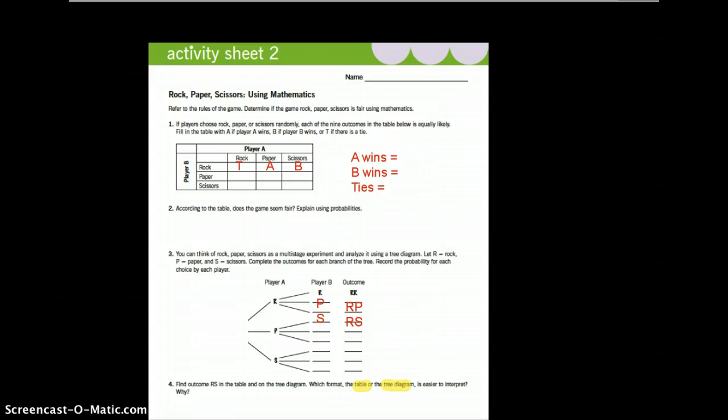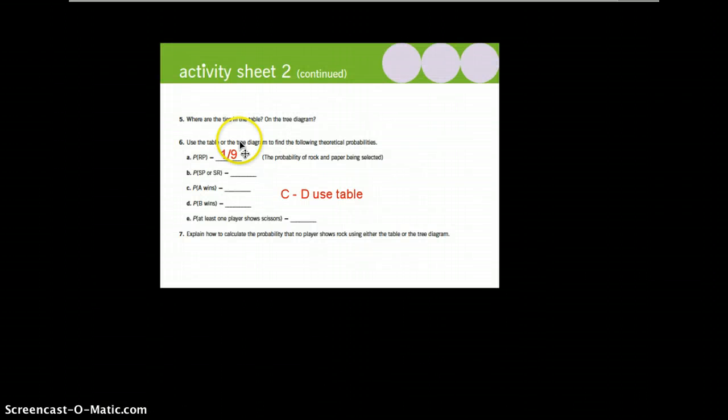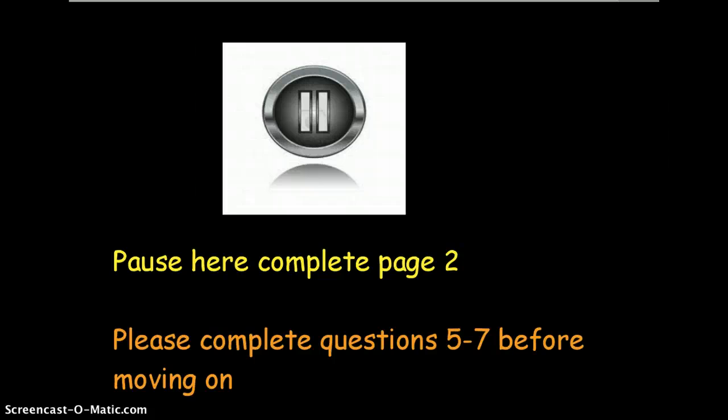Hopefully you completed it, and you're going to answer these questions using the table. And make sure in C and D you have to use the table, not the tree diagram. You're going to want to complete that before moving on, so if you haven't, pause the video now before pushing play again.